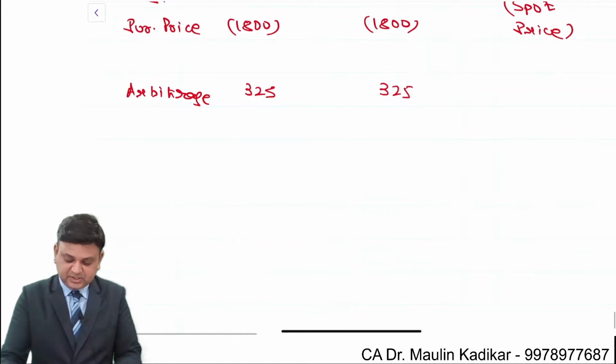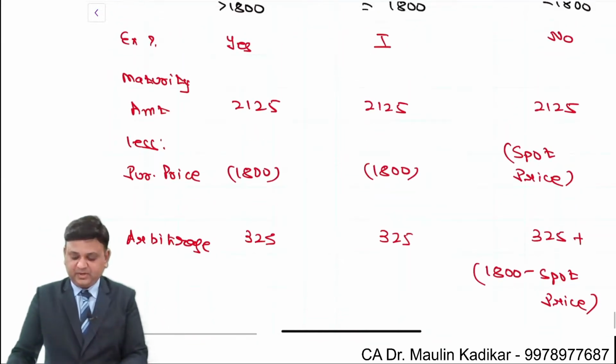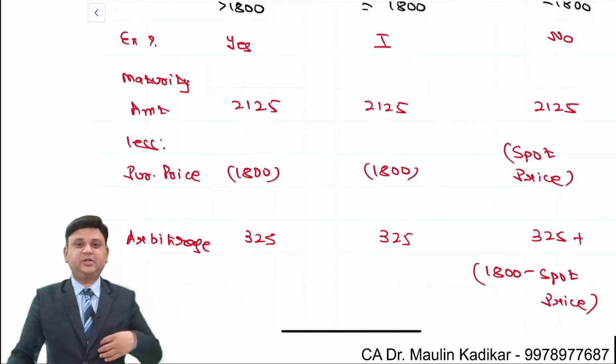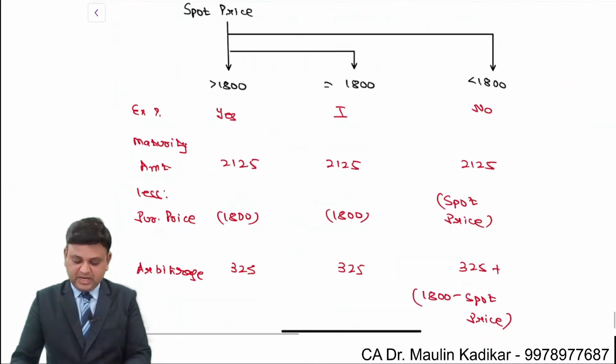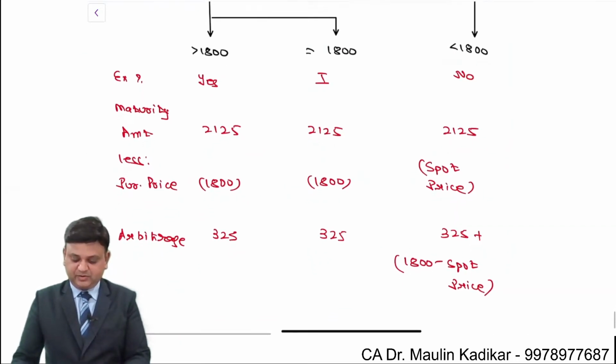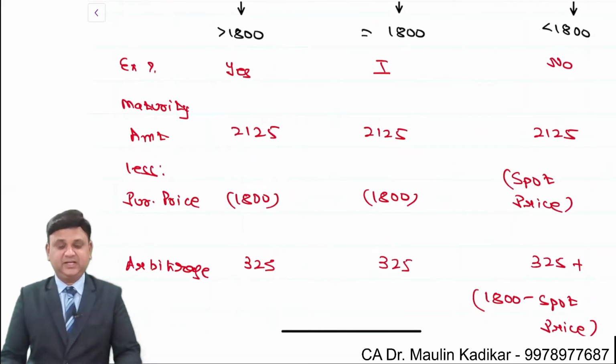And arbitrage is 325 plus 1800 minus spot price. Because whatever the amount by which the spot price is less, to that extent your purchase price will reduce and you will be able to make the additional profit. That is the way you will have the additional profit in that case.